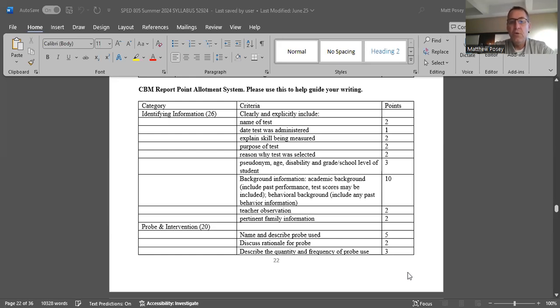So looking at a quick overview of the CBM that's coming due. Remember, our identifying information section for this particular report is combining the background information section with identifying information. So it's all going to be embedded and placed under that heading of identifying information.